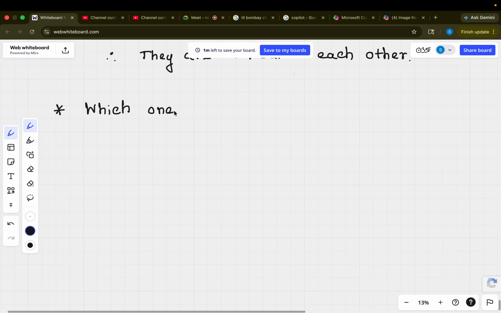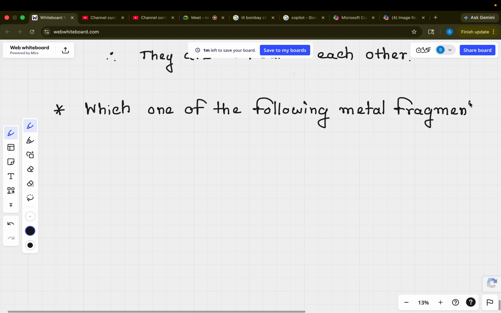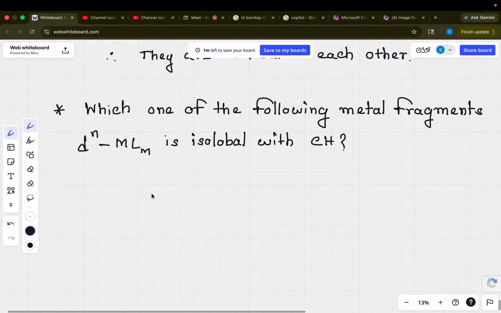So write down: which one of the following metal fragments DN, MLM is isolobal with CH?